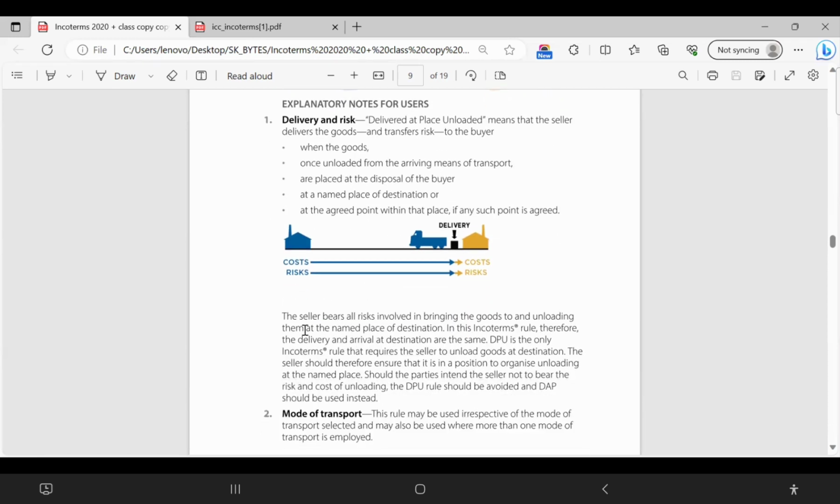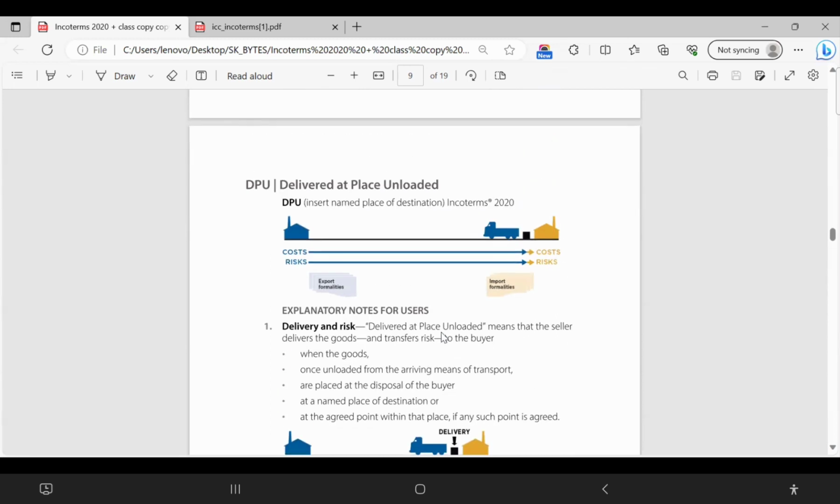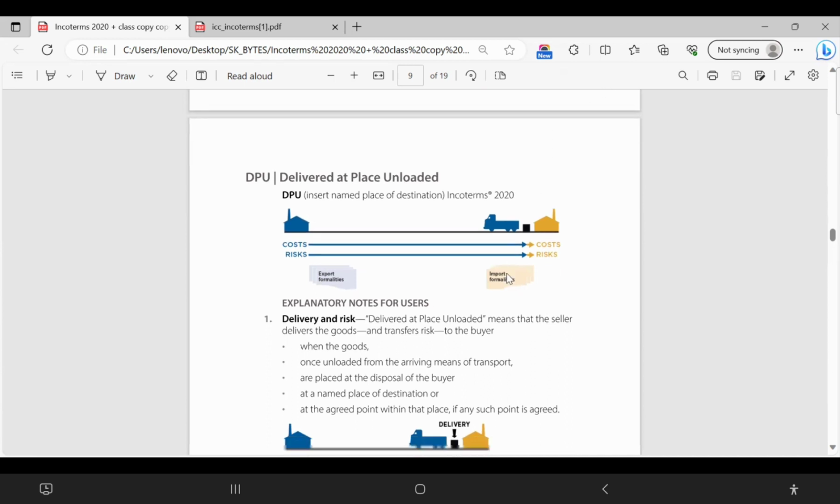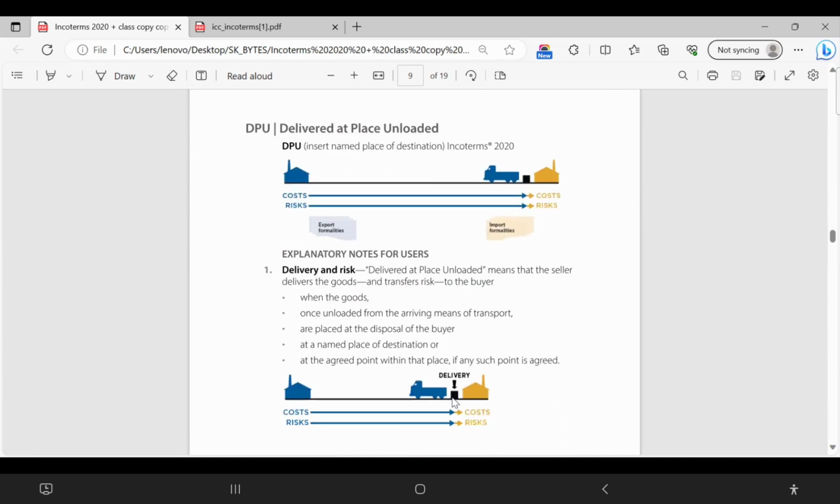The seller bears all risks involved in bringing the goods to the named place of destination and unloading them. This is where delivery happens, and this is where the risk transfers. Until this point, it is the risk and responsibility of the seller to bring the goods in sound condition.